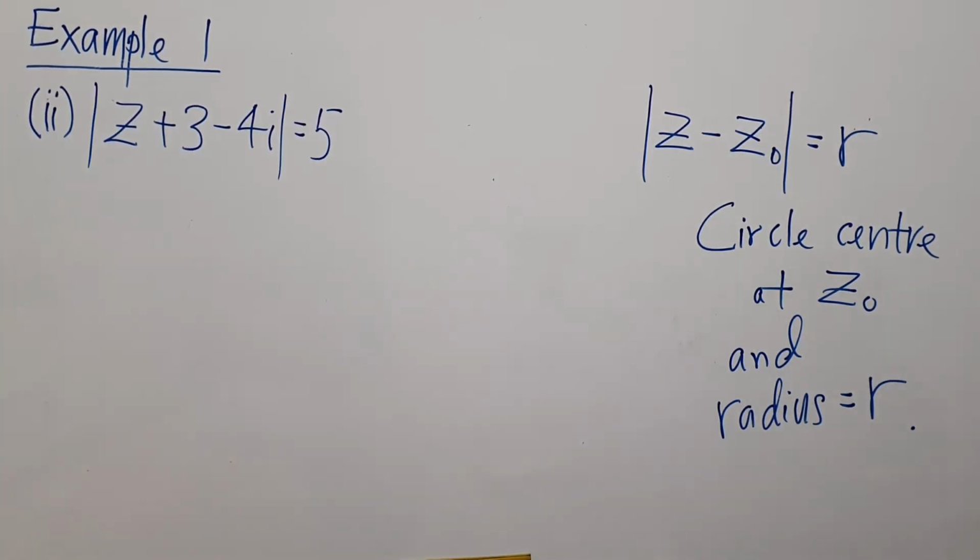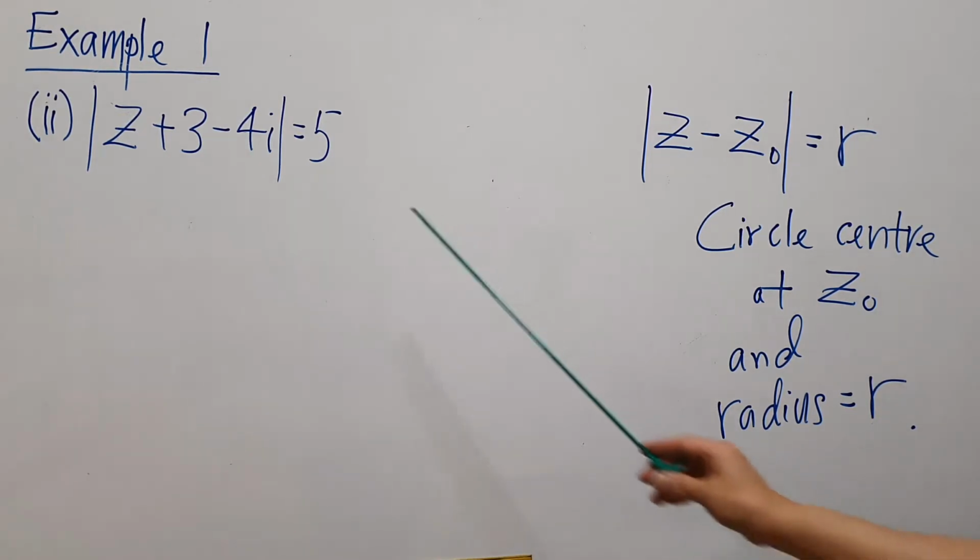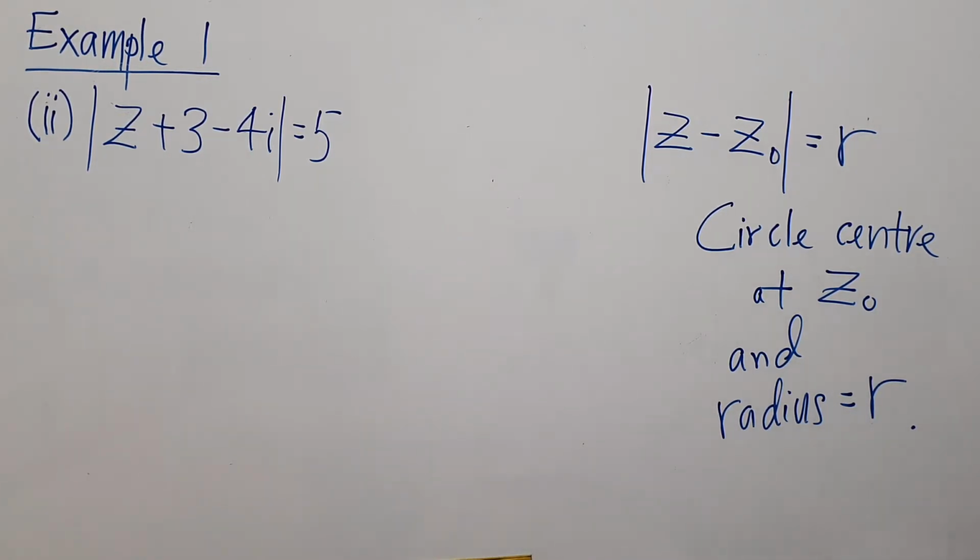In example 1, part 2, we are given yet another condition, or the complex number equation, which serves as the condition. We want all those z values that will satisfy this condition or this equation. Now look at this equation and compare to what we have established just now. You can see there's some similarity, and you can therefore guess that this ought to be a circle.